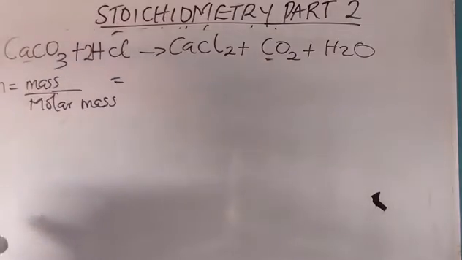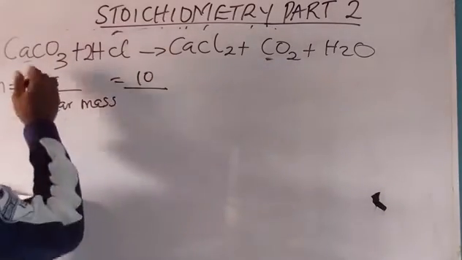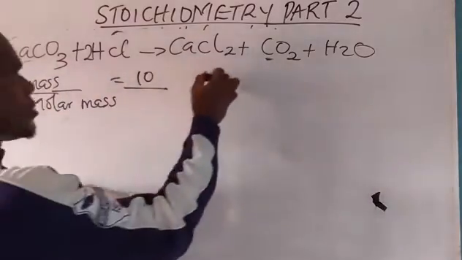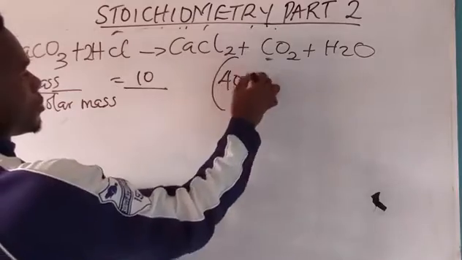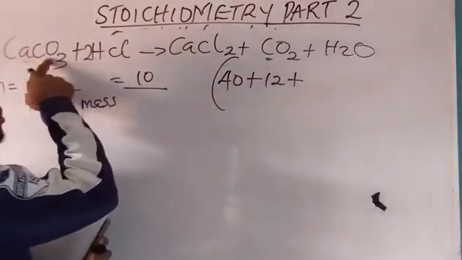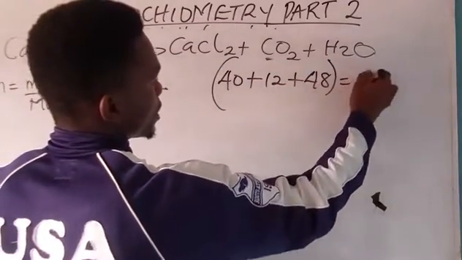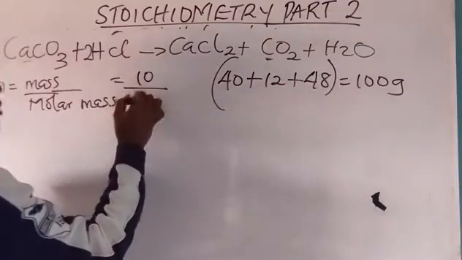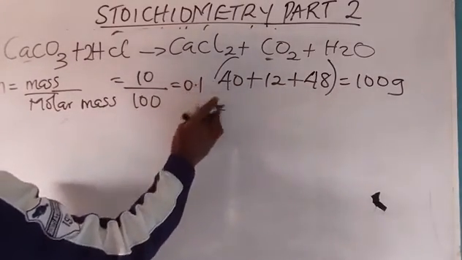They gave us the mass to be 10 gram. The molar mass should be 100: calcium is 40, plus carbon is 12, plus 16 times 3 is 48, giving 100 gram. So 10 divided by 100 gives 0.1 mole.